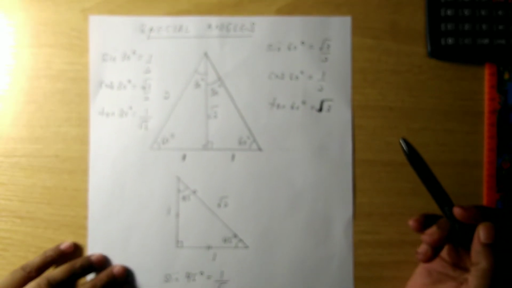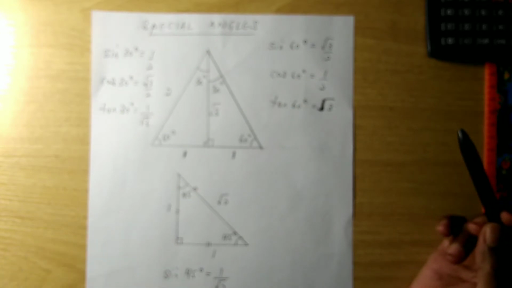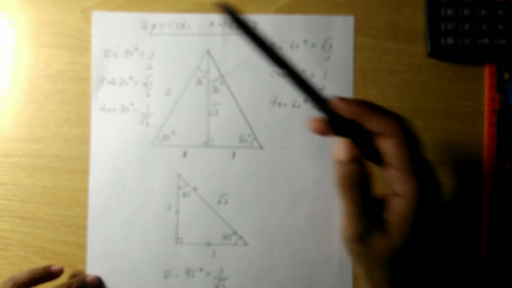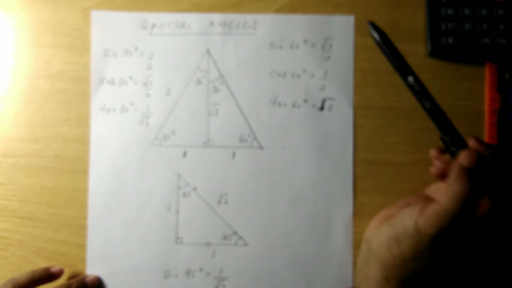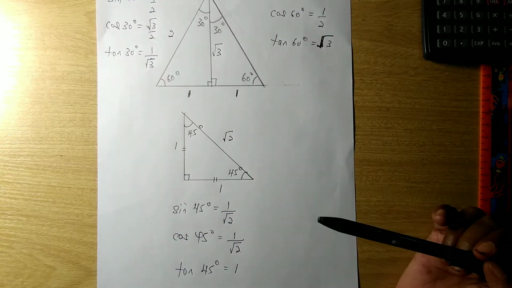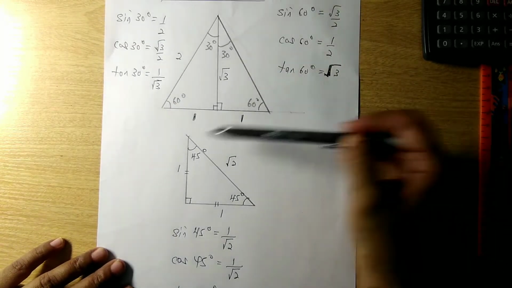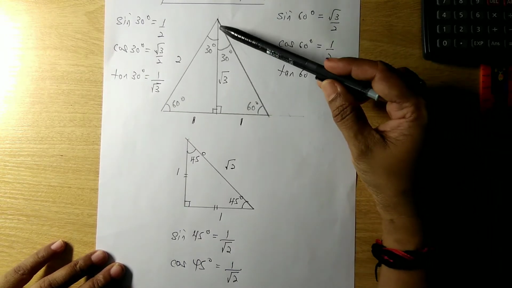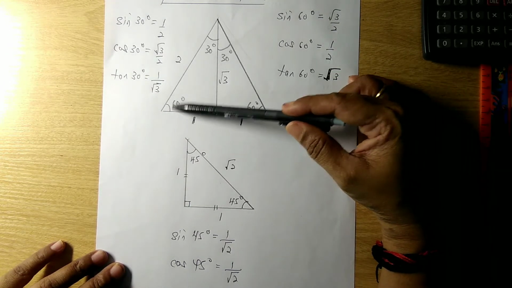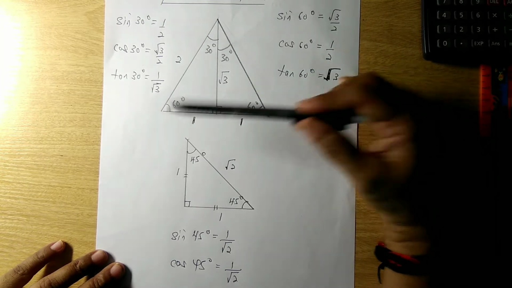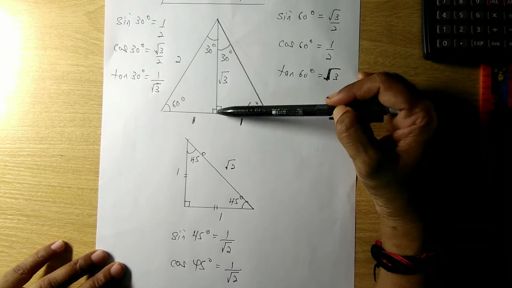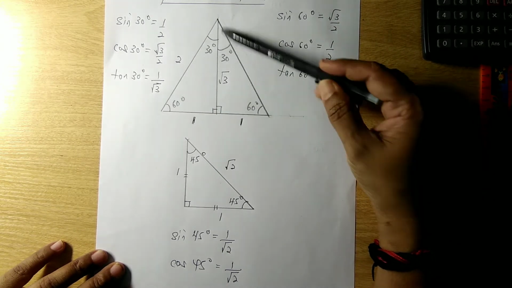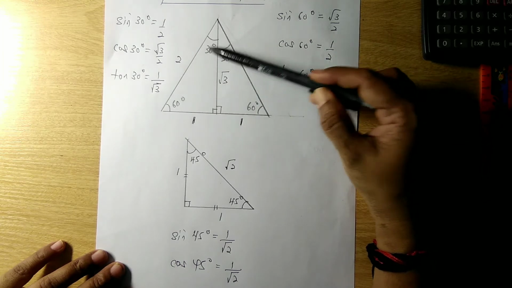We have got 3 special angles: 30, 60, and 45 degrees. The 30 and 60 originate from one equilateral triangle, where every angle is 60. When you split this in half, this is the height of the triangle, and the top angle becomes 30.